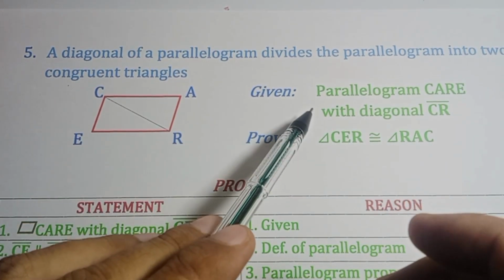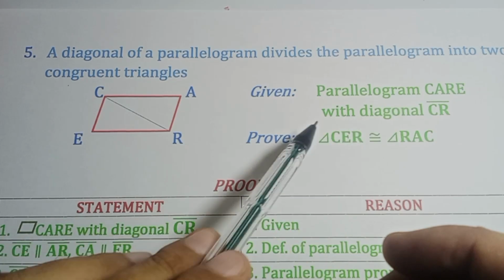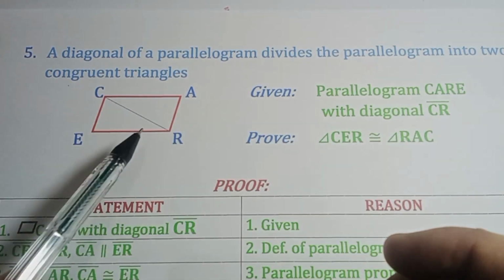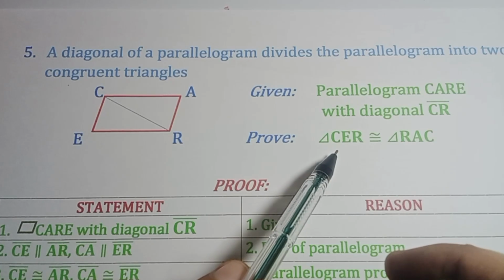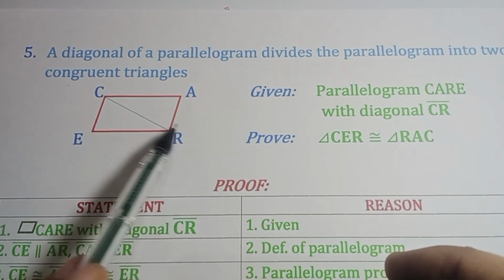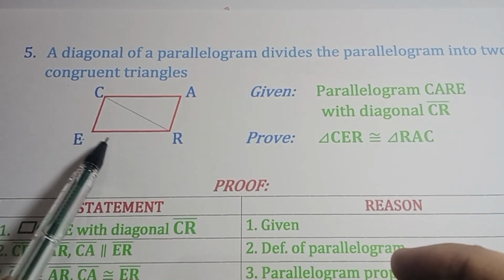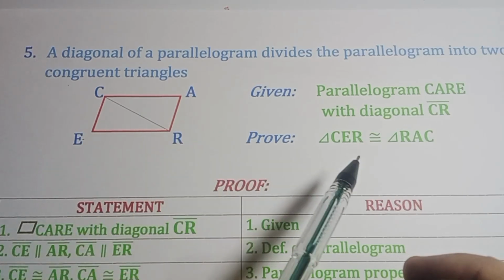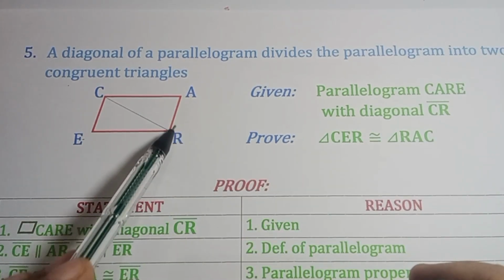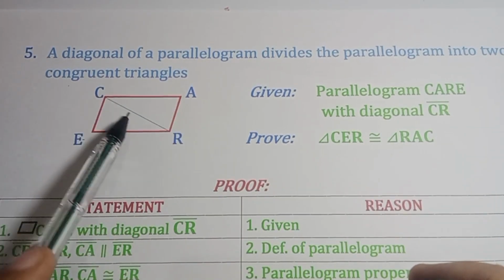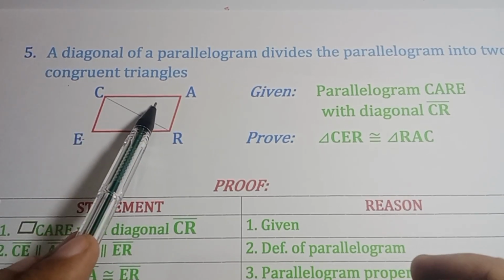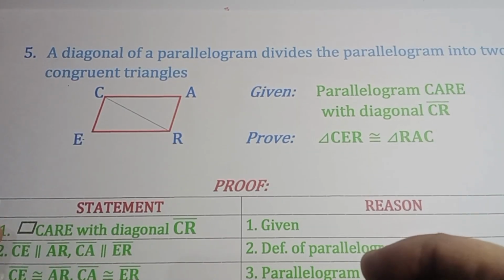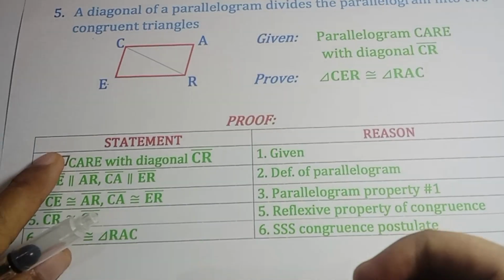Our given is parallelogram CERA with diagonal CR. We are going to prove that triangle CER is congruent to triangle RAC, this one. So these two triangles are congruent. Now let's have the proof.